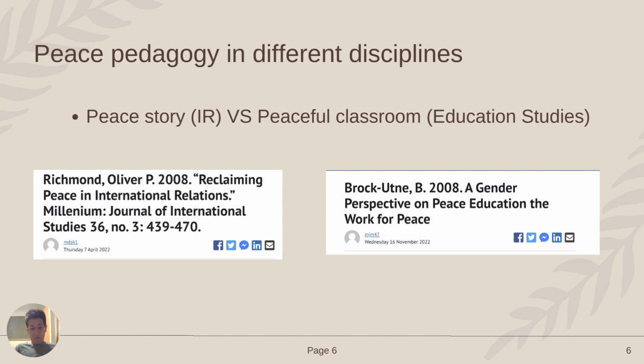And I also found two other entries in our library. The first one is Reclaiming Peace in International Relations, and for this article, it used the peace story approach in IR in the peace education. And the second one, A Gender Perspective on Peace Education, The Work for Peace. And this one shares some similarities with the article that I provided to the library. It is that nowadays normal schooling is sometimes creating more sexist or bullying perspectives for students, and they don't have enough reflection on the potential conflict between students.